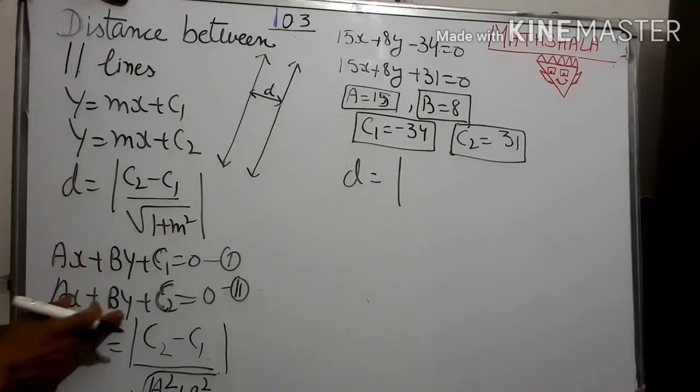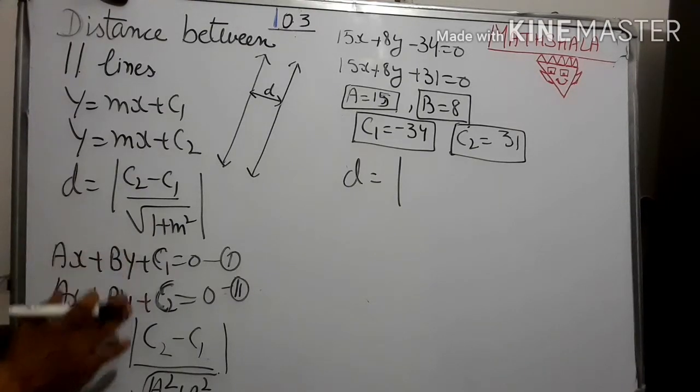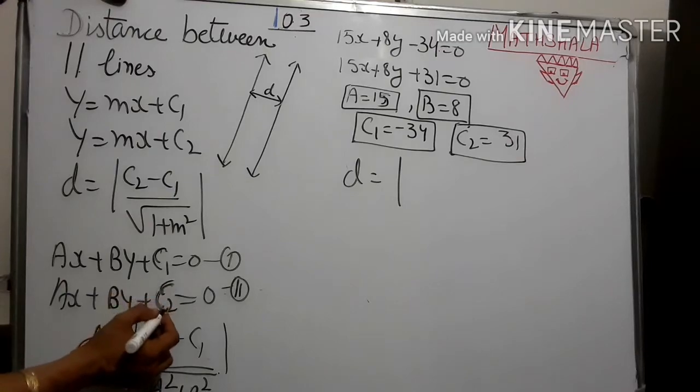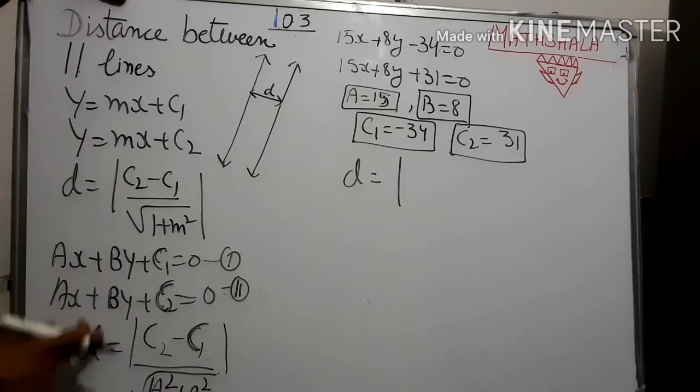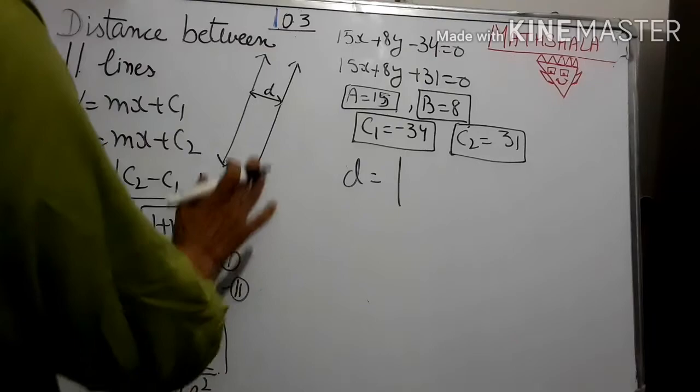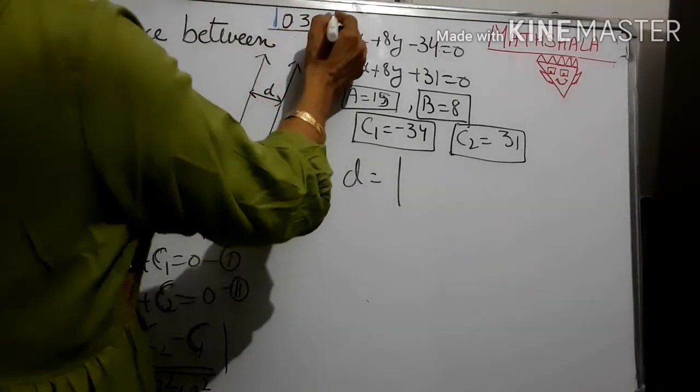See, coefficients are same of x and y, so parallel lines हैं ये. It is constant c2 minus constant c1, or you may write vice versa. ये constants हैं, divided by a square, that is coefficient of x square plus square of the coefficient of y and then square root.